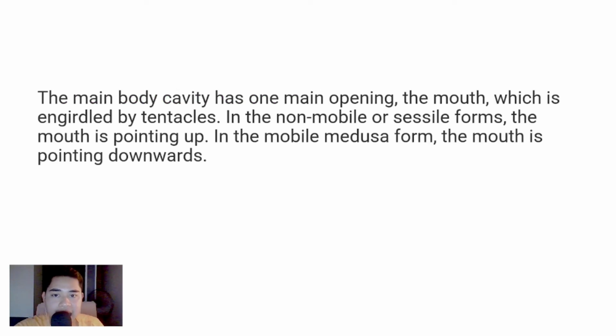So the main body cavity has one main opening, the mouth, which is engirdled by tentacles. In non-mobile or sessile forms, the mouth is pointing up, and in the mobile medusa form, the mouth is pointing downward. So just take note that for creatures which are not able to move, their mouth is pointing upwards.